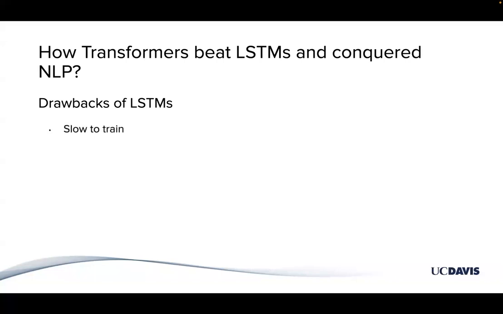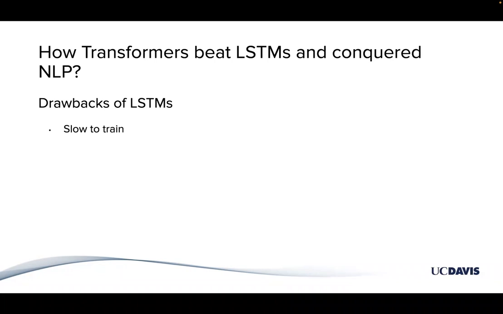LSTMs were first slow to train. Recurrent neural networks are already slower to train because we need to provide data sequentially while training instead of in parallel. A hidden state would require inputs from all the previous words to make any progress.